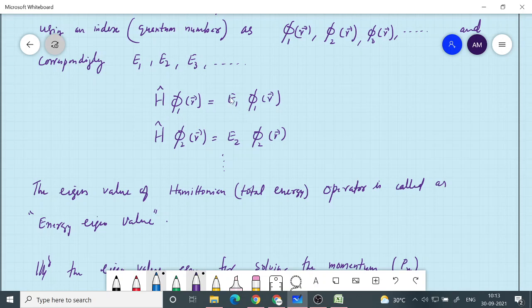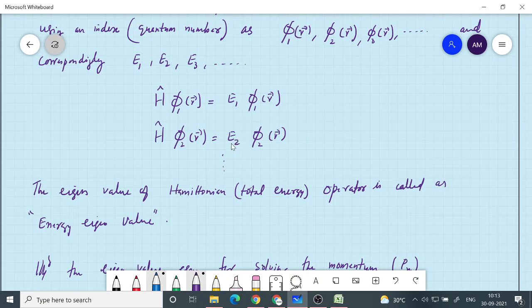Only for certain values of energy, say E1, E2, E3, can this equation be satisfied, or can you find an eigenfunction. For an arbitrary value of E, the solution may not exist. Mostly that is the case, which is why we say that energy is quantized. The system can take energy E1, or E2, or E3, one of those.